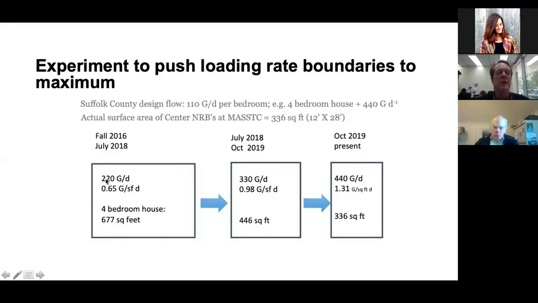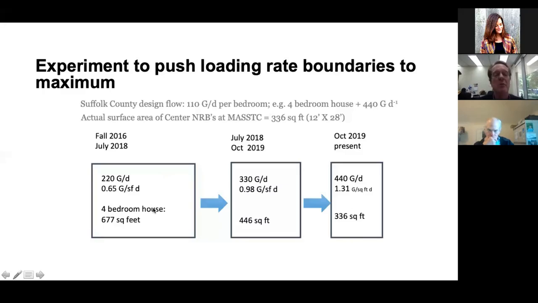We started loading that at 220 gallons per day. That works out, if you normalize the gallons per day to the square foot of the system, the 336, you get 0.65 gallons per square foot per day. Well, Suffolk County, for a 4-bedroom house, their requirement is 440.